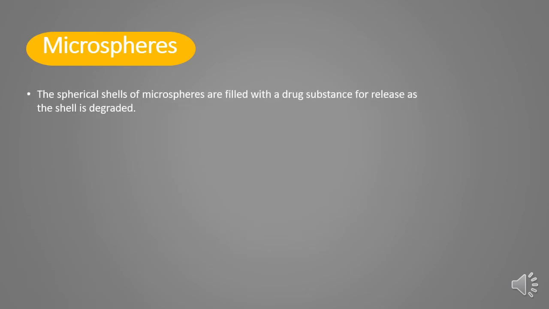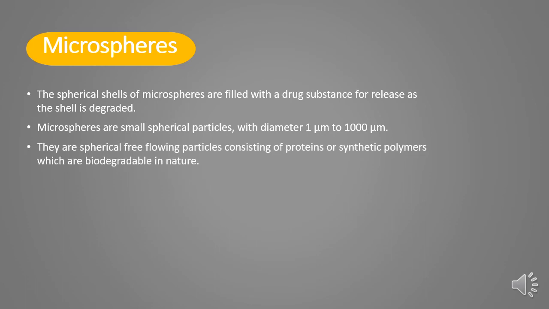Microspheres. The spherical shells of microspheres are filled with the drug substance for release as the shell is degraded. They have a diameter of 1 micrometer to 1000 micrometers, and they are spherical free-floating particles made up of proteins or synthetic polymers, hence they are biodegradable.